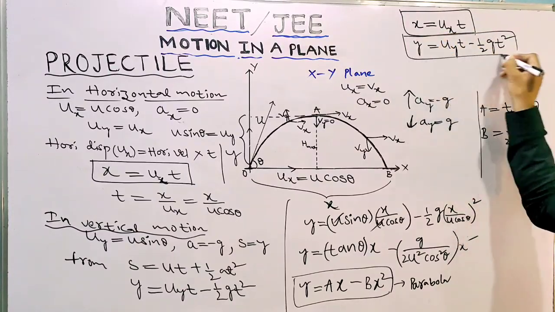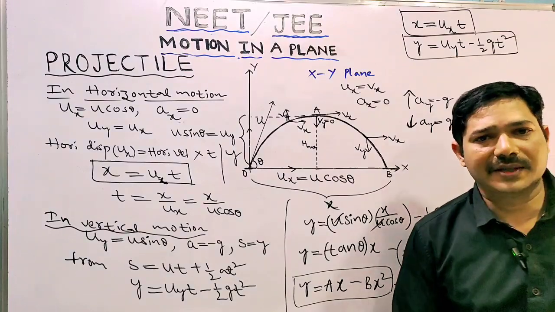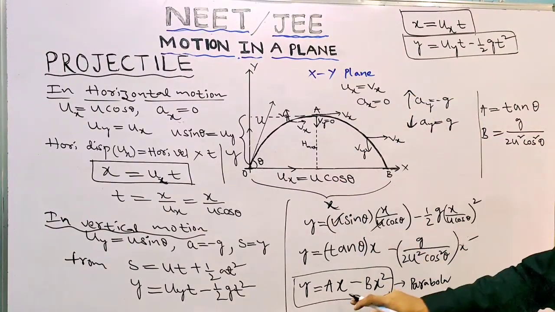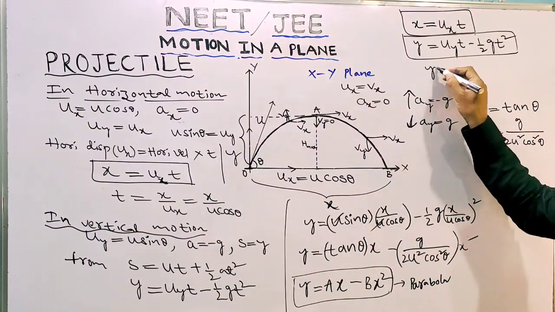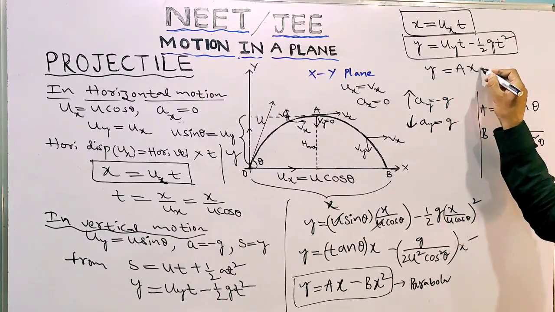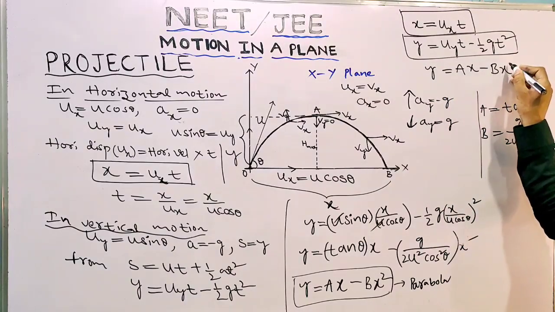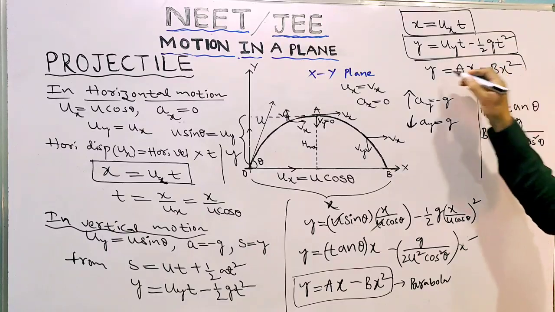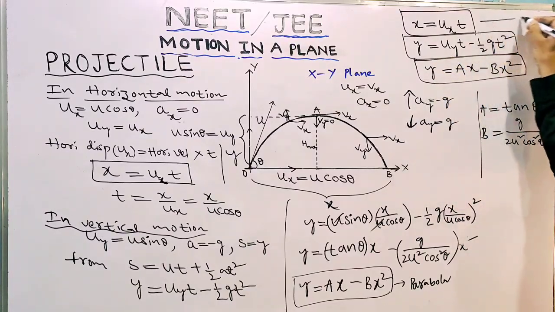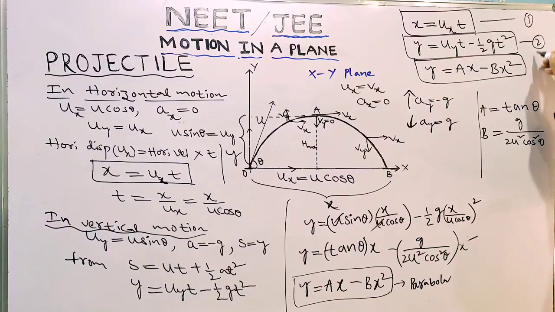I'll show how they ask numericals based on these problems. And finally y equal to ax minus bx square. This is 1, this is 2 and 3.